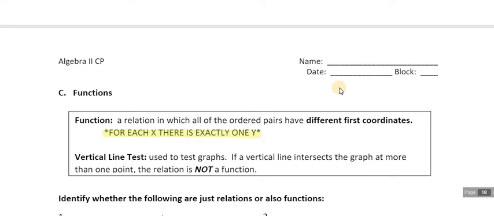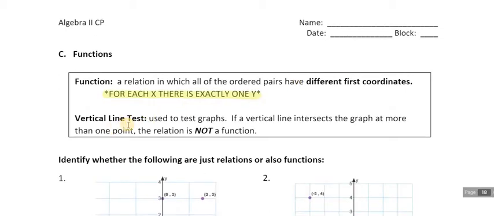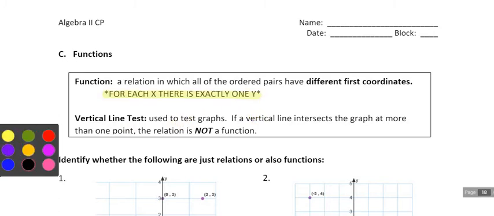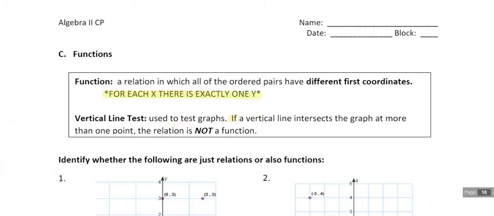Visually, if we're looking at a graph, the vertical line test will help us to determine whether or not we have a function. If a vertical line ever intersects a graph at more than one point, then it means that we do not have a function. Our relation is not a function.